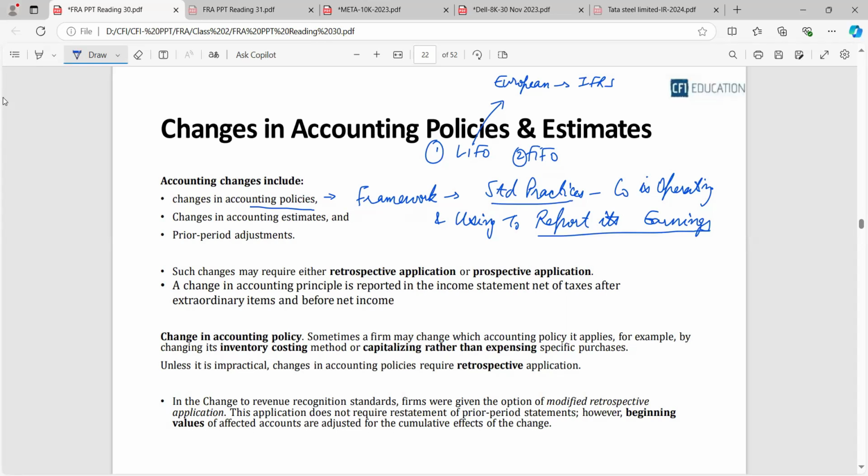For the discussion, let's assume now you are in a US GAAP following company, so you are in the USA. Now there is a shift in your accounting policy for inventories from LIFO to FIFO. This is something you have changed in your standard practices in order to report your earnings, and now you have changed its approach altogether. So it will directly or indirectly have an effect on your earnings report.